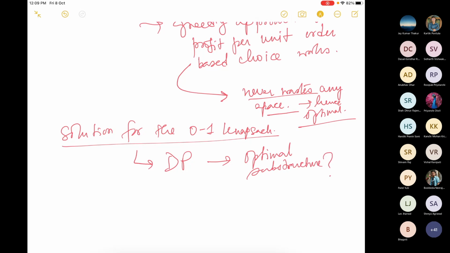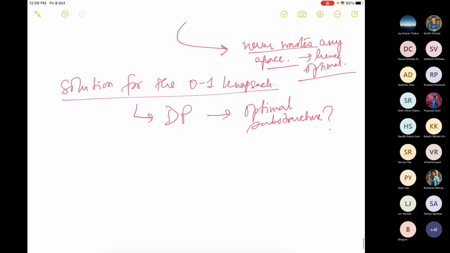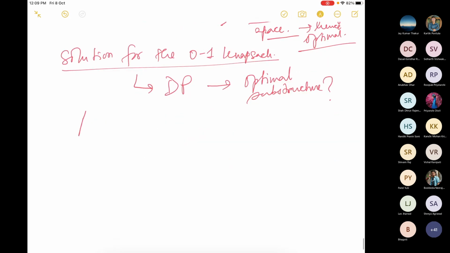So we'll have to now frame out the optimal substructure. Let us say that A be the optimal subset of n items.